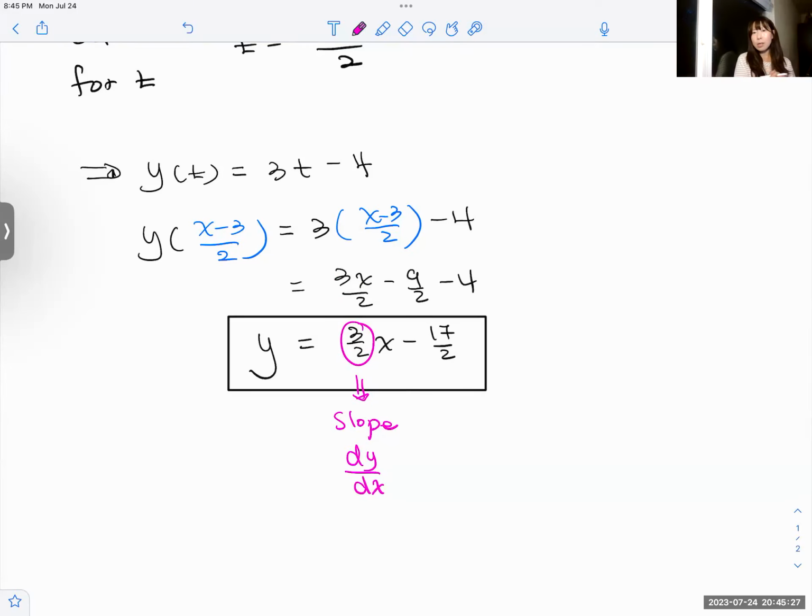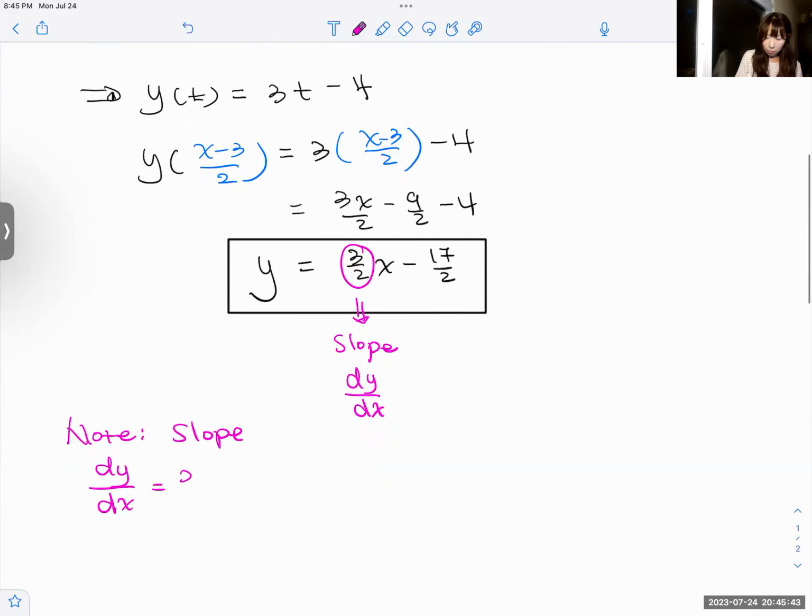Okay, in here we are using a parameter, right? So we have a slope, dy over dx. In that case, it's 3 over 2.